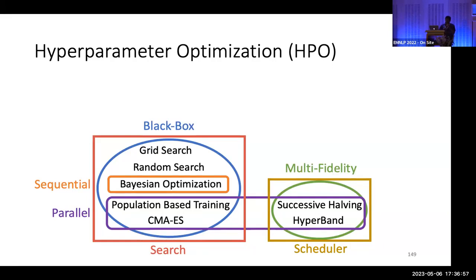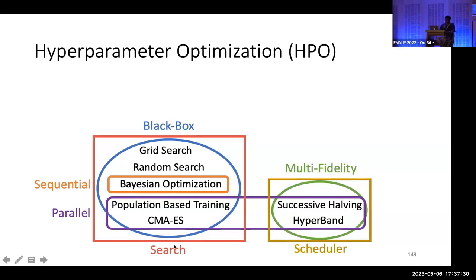Can we take different approximations of the performance, such as training on smaller data sets? We talked about successive halving there, and I think this is a very important algorithm. If you want to try this, I would recommend the asynchronous version, ASHA, that we talked about. It's probably the most effective if you want to do it on a parallel system.